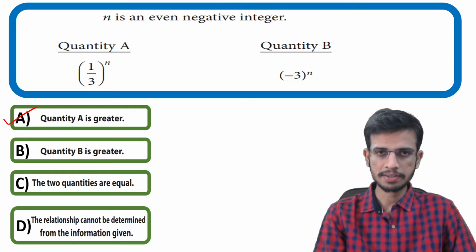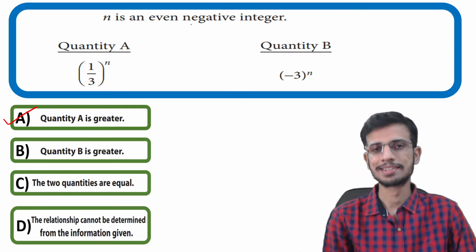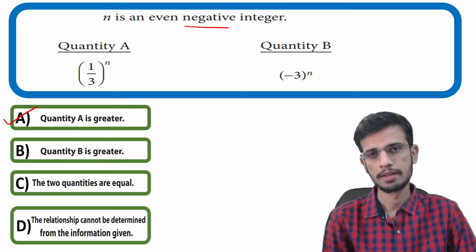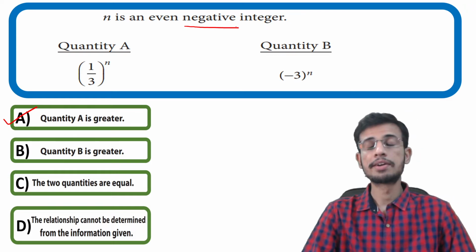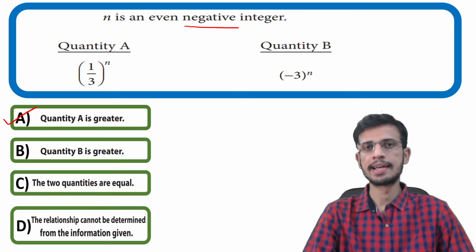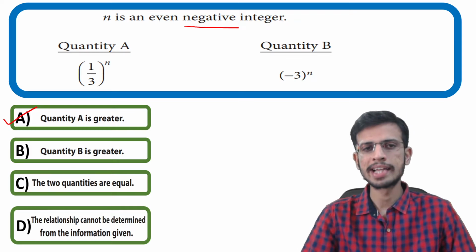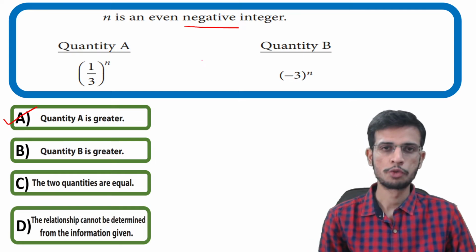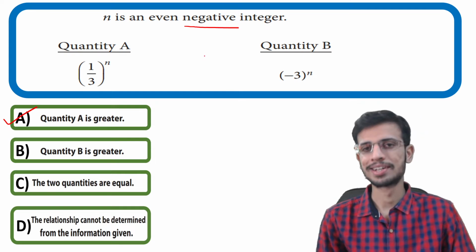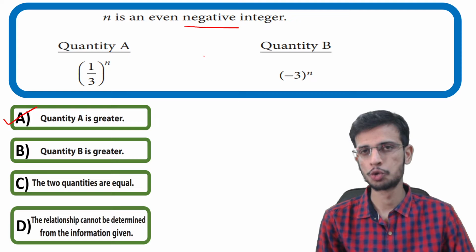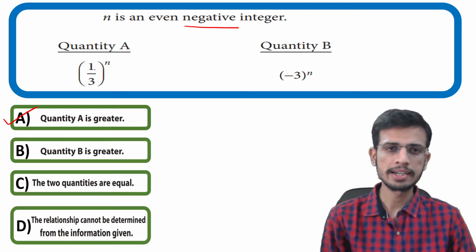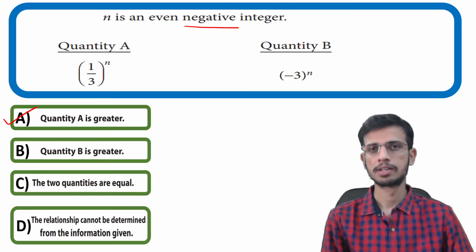In this question, they have mentioned negative integer. If we consider positive integers as well, then our answer might change. If you put n equal to 2, an even positive integer, 2, 4, 6, 8, then quantity B will be greater.